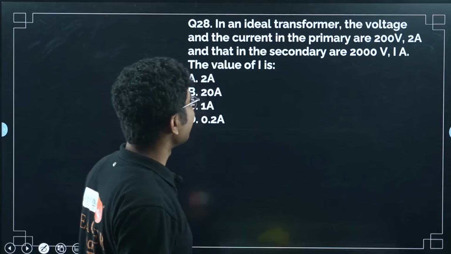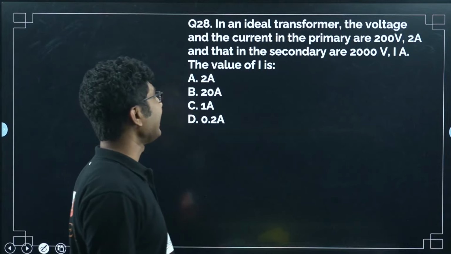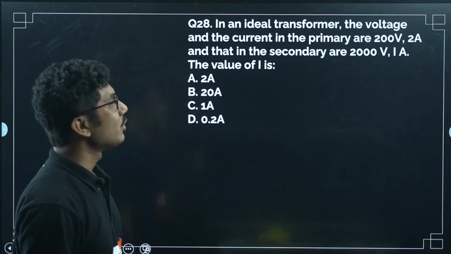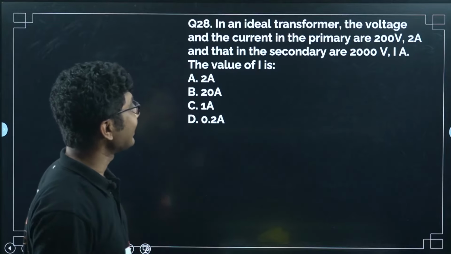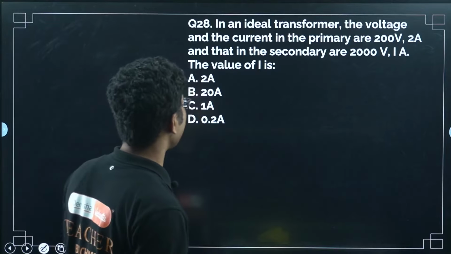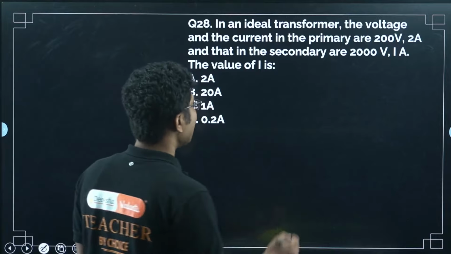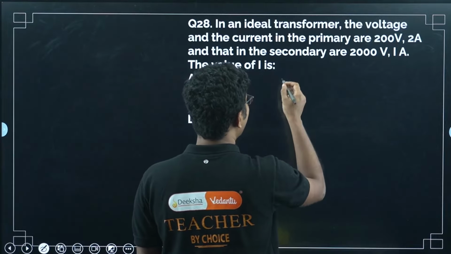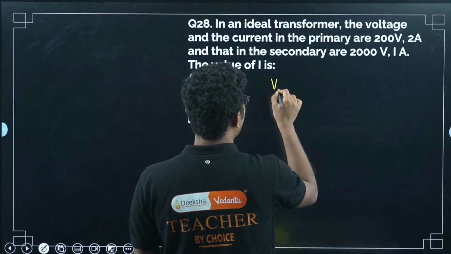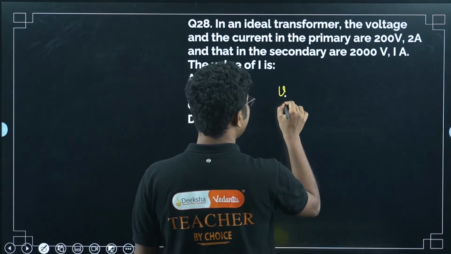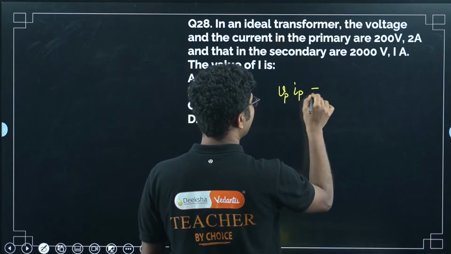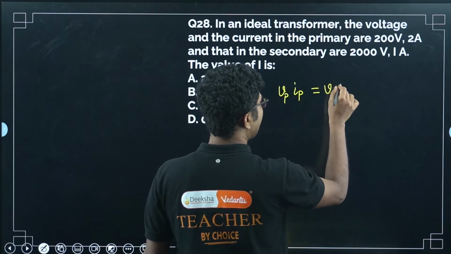In an ideal transformer, the voltage and the current in the primary are 200 volts, 2 ampere, and in the secondary are 2000 volt, I ampere. The value of I is, so what is the power input? Power input is Vp Ip equals to Vs Is.